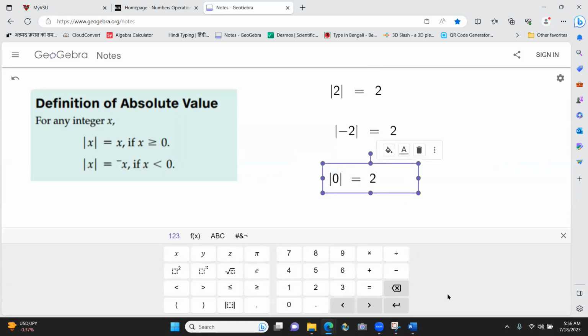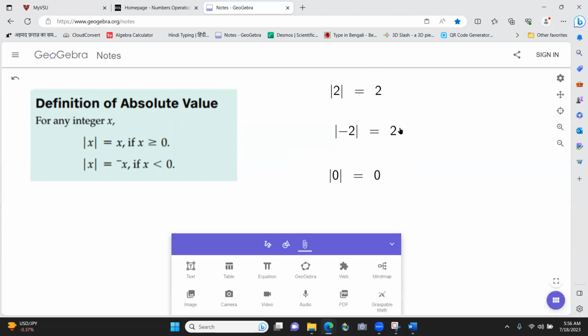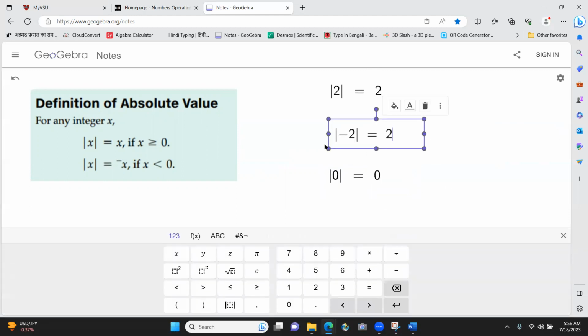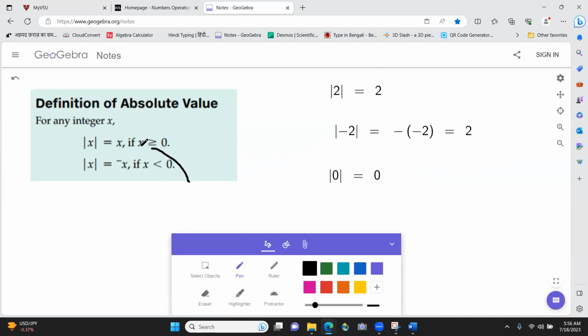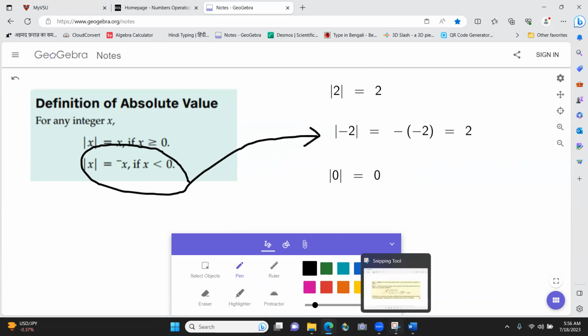Okay? Nothing too fancy. So instead of saying this is -2, what they're really trying to do here, guys, is they're doing this, which is 2. Okay? This is kind of what they're trying to do here. Okay?